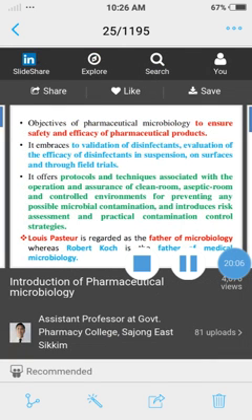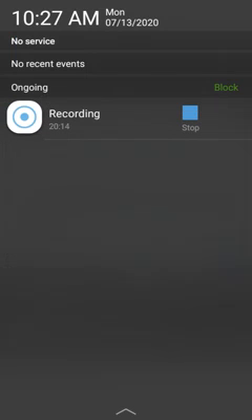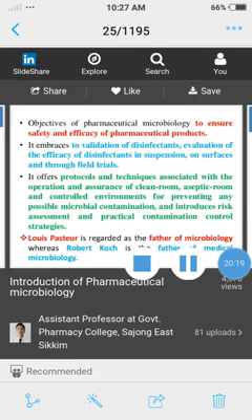The main objective of pharmaceutical microbiology is to ensure the safety and efficacy of pharmaceutical products or pharmaceutical formulation.